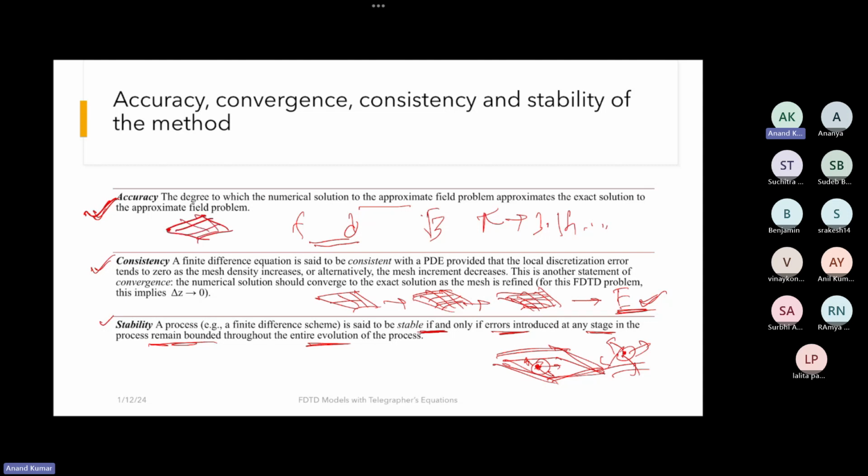For example, if you're not solving the electric field at this particular point, but you're solving fields near it, and then you can interpolate the value of the field. So this interpolation will depend upon how fine your mesh is, so that will also give you a more accurate result of the electric and magnetic field values at that point. So this is an example of accuracy. These terms are often used by the developers, so you must know them.